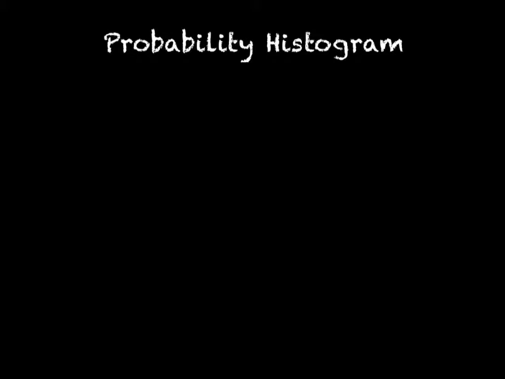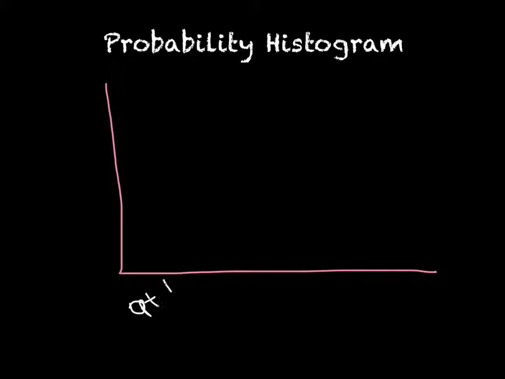A probability histogram is a visual way of displaying probabilities. The way you construct a probability histogram is you list all of the possible outcomes on this axis down here. So that would be option 1, option 2, option 3, etc. And the corresponding probabilities on the y-axis.